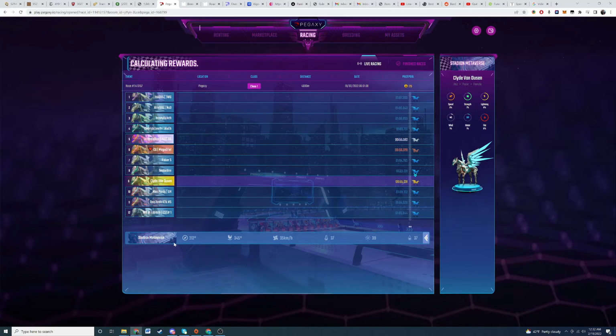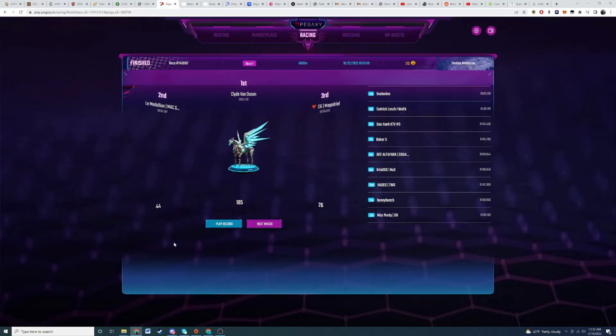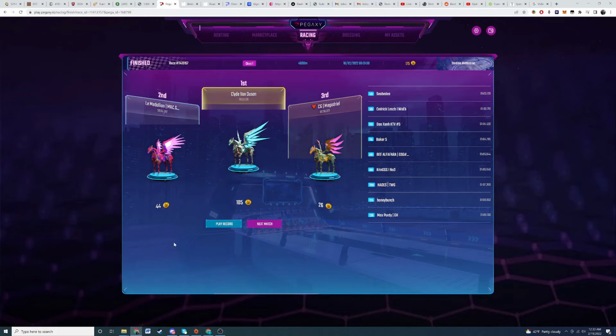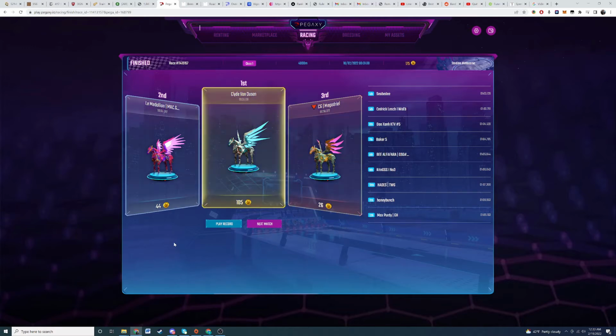That is going to change when the actual game portion of the project is introduced, because individual player skill will begin playing a role. And those statistics that your Pegas have, the strength, speed, and elemental statistics, do not yet play a role, but those will in the future. So, if you have a Pegasus with a very high fire statistic, he's going to be exceptional at racing on particularly hot racetracks.